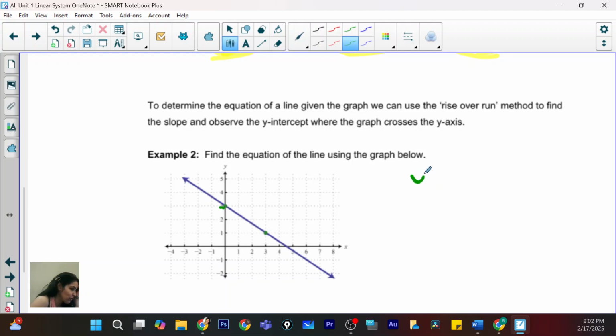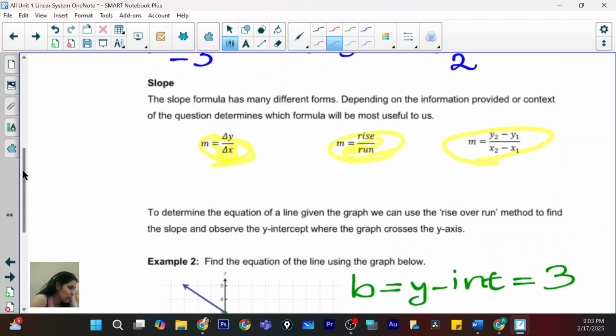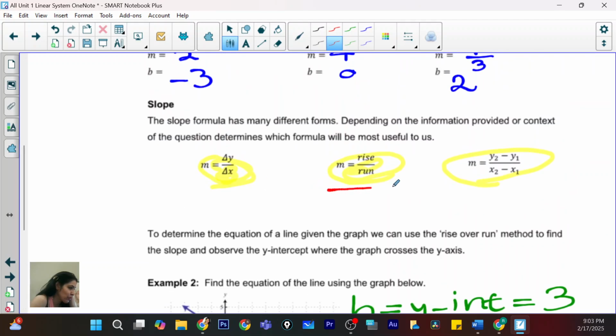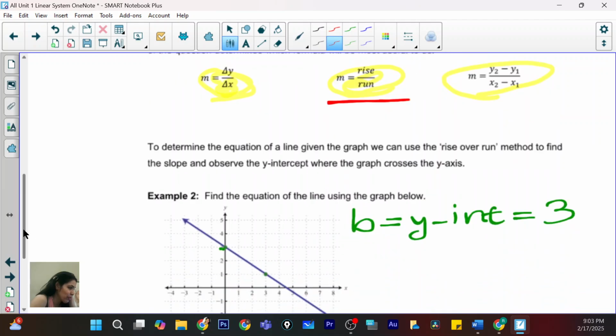So the y-intercept equals 3. Actually, this is b. To find the slope, we are going to use m, slope, equals rise over run.